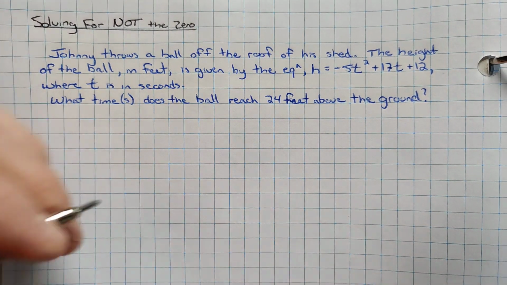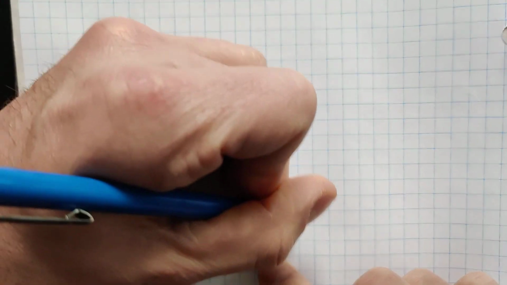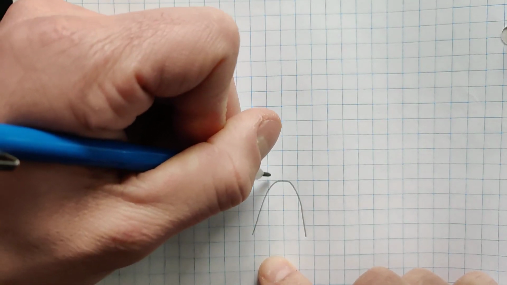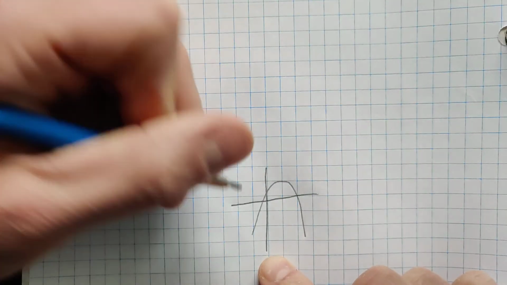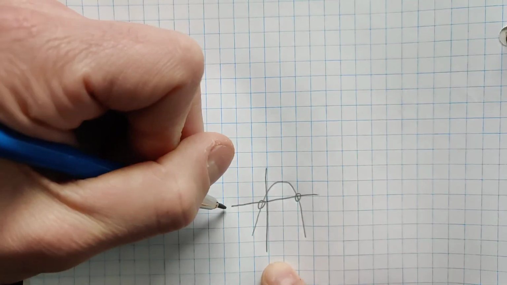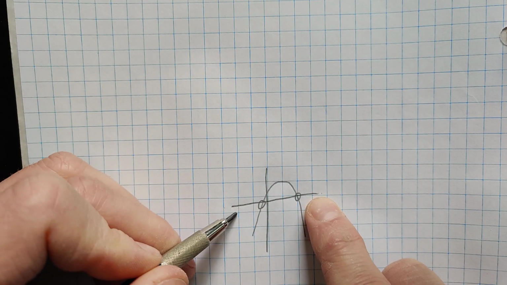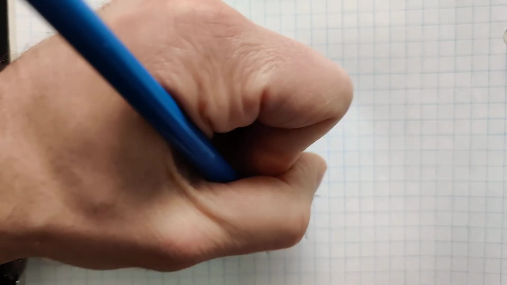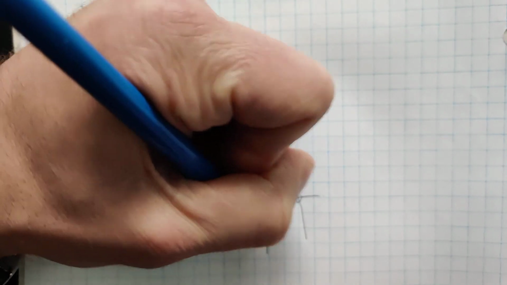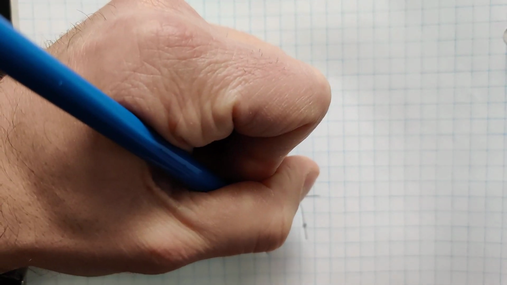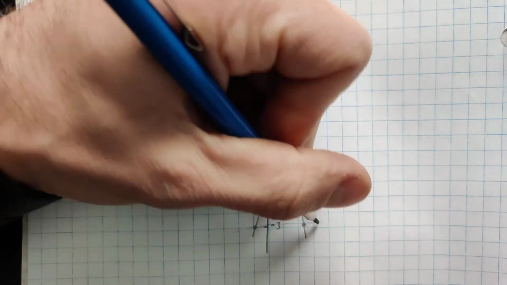So in general, if we have our quadratic and we've been solving that, then we've been looking for these zero values. We've been looking for when y equals 0. But what if we want to know what the x values are when y is negative 3? What are those x values right there?